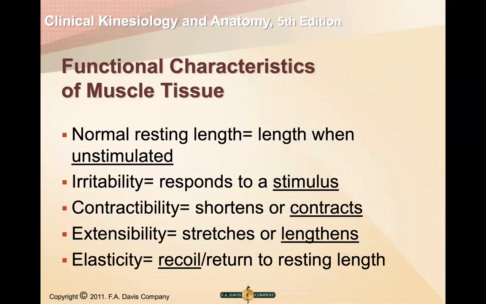The fibers are coming together. The extensibility is how flexible it is, or how long we can stretch out the muscle at its longest length. So the extensibility of a muscle is how long it is at its longest length when it's stretched out.